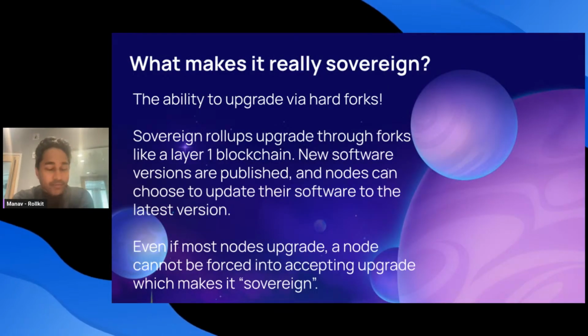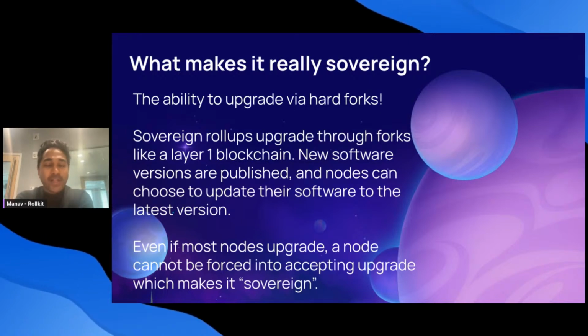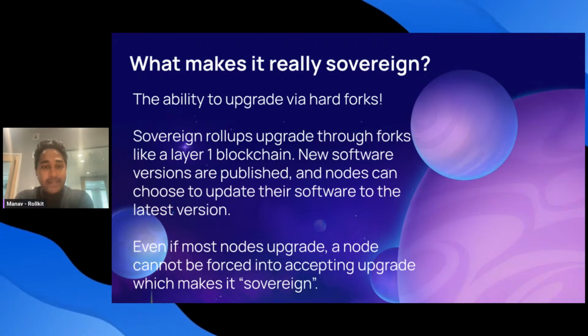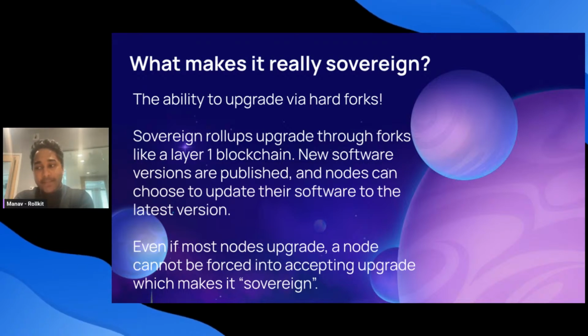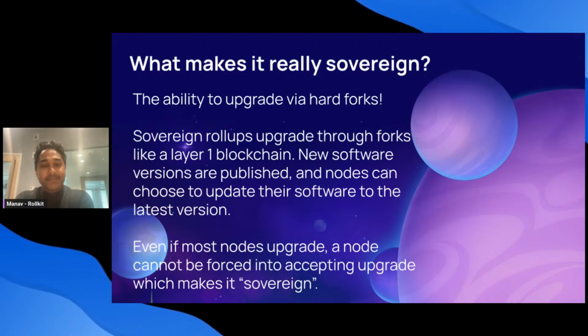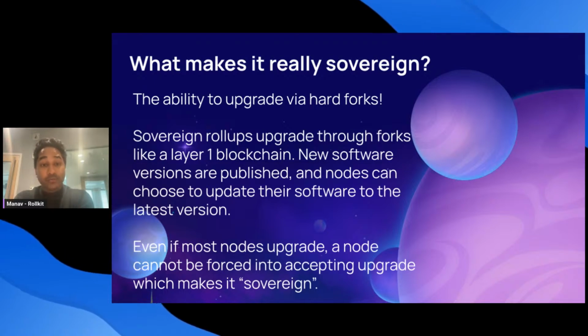Before we move on to what is Rollkit, let's talk about what really makes a sovereign rollup sovereign. The way we define it is the ability to upgrade via hard forks. That's not something the current rollups, which are not sovereign, have right now, because you need the settlement layer to fork if you wanted to fork a smart contract rollup.